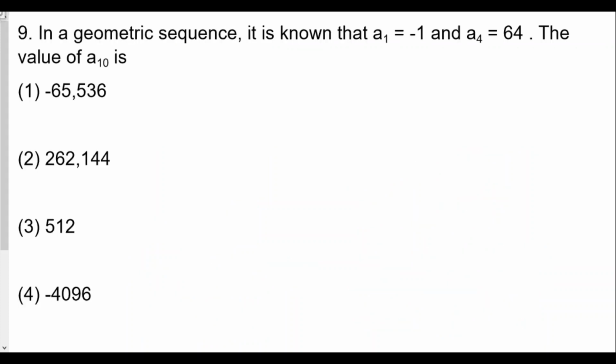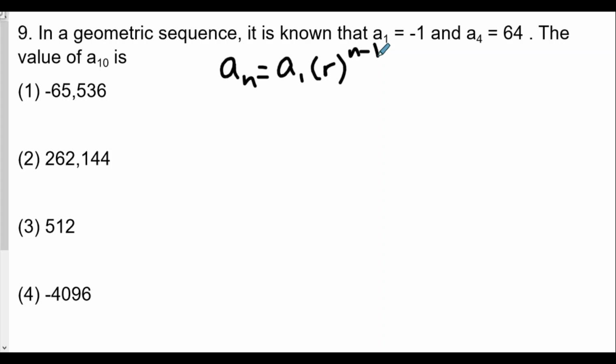Question number 9. In a geometric sequence, it is known that A1 equals -1 and A4 equals 64. The value of A10 is going to be, okay, well, we are going to find our general formula. A of n, again, is A1, the first term, times R raised to the n minus 1. Now, we definitely have A1.